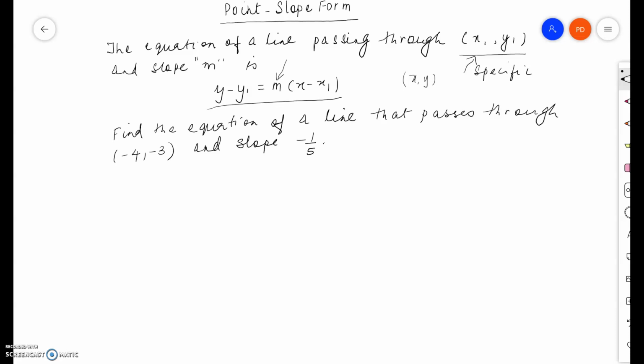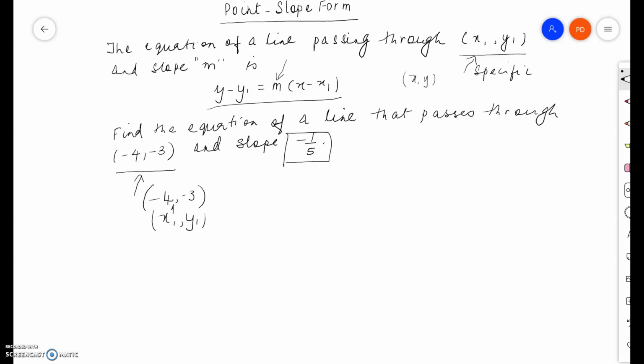So if the question says find the equation of a line that passes through a given point, a specific point, and having slope -1/5, first we label the given point as x1 comma y1. That way it'll be easy for us to plug in.